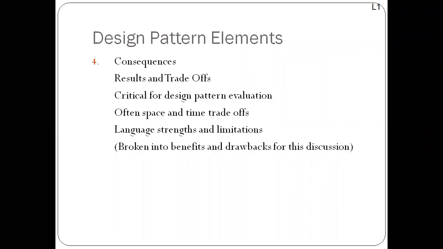And what are the benefits and drawbacks? Where should we compromise if we want to implement this particular design for this particular problem? Money or time or some other things. Like that, we are going to discuss some consequences of that particular pattern.